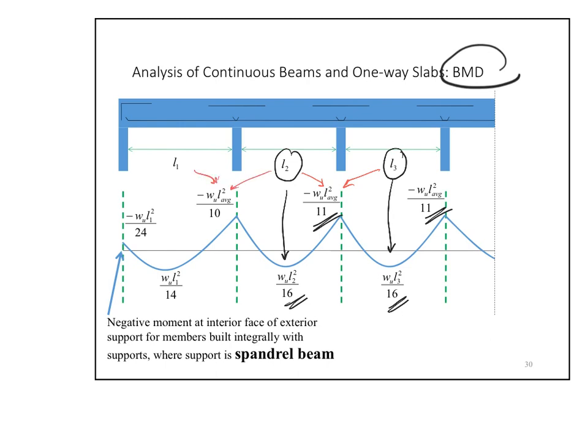But the first one, the first span, has 3 different values. WL squared over 24, WL squared over 14, and WL squared over 10. A little bit different, and we can discuss the difference. That's if you have the final one as a spandrel beam, if it was just a beam.